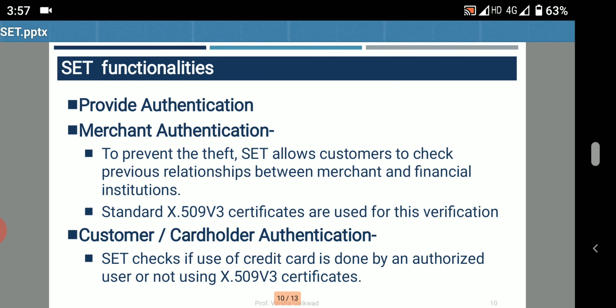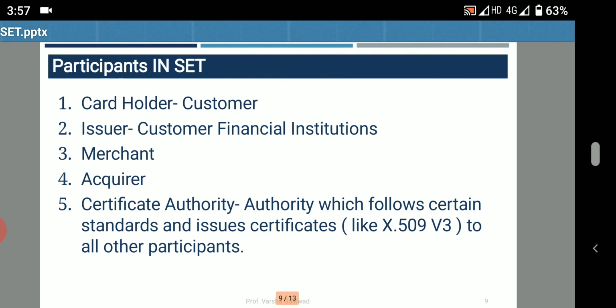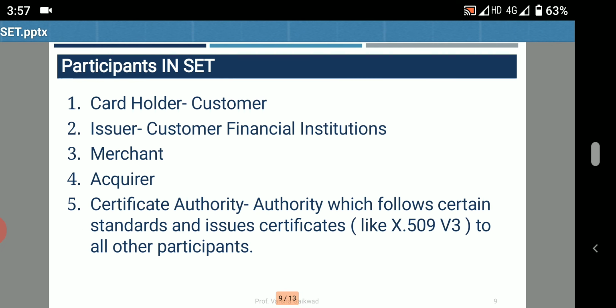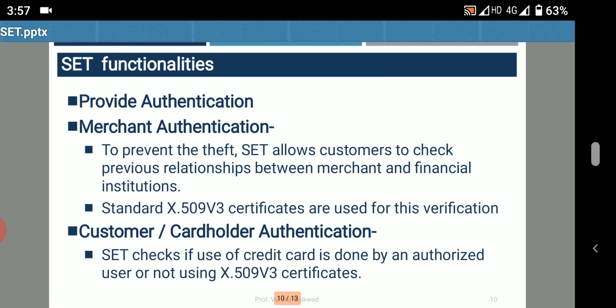SET functionalities. I hope you understand this. Okay. The government authority makes the digital certificate for the verification purpose here. Now, SET functionalities. It provides authentication, then merchant authentication.